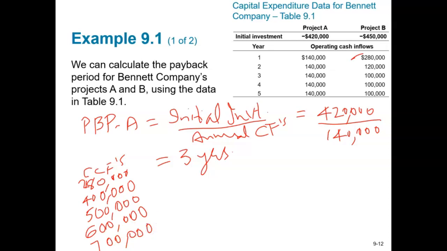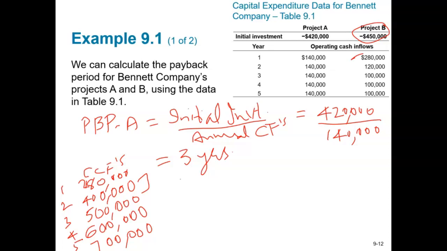So where we are able to recoup 450,000, I am receiving it between 2 and 3 years. So this is year 1, 2, 3, 4 and 5. Okay. So I am going to receive 450,000 between 2 and 3.